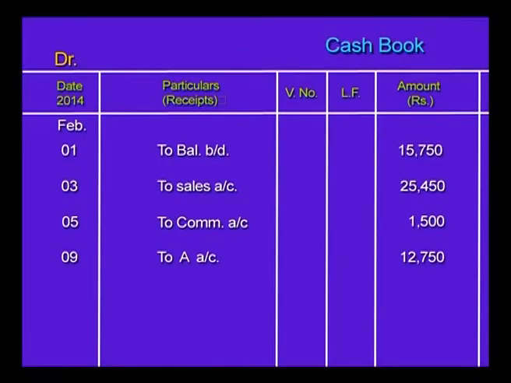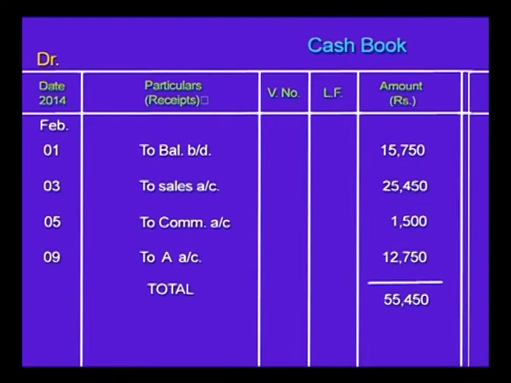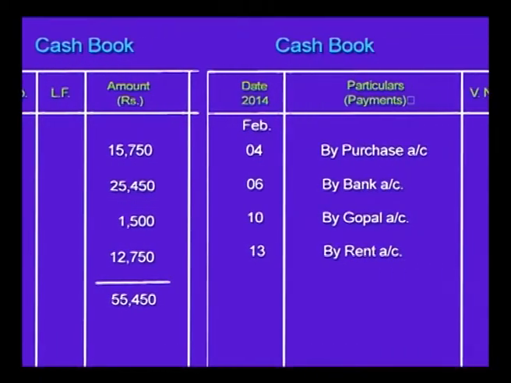So, we initially total the debit side, the greater side. Totaling these 4 values, you can see 15,750 plus 25,450 plus 1,500 plus 12,750 rupees makes a total of 55,450 rupees.